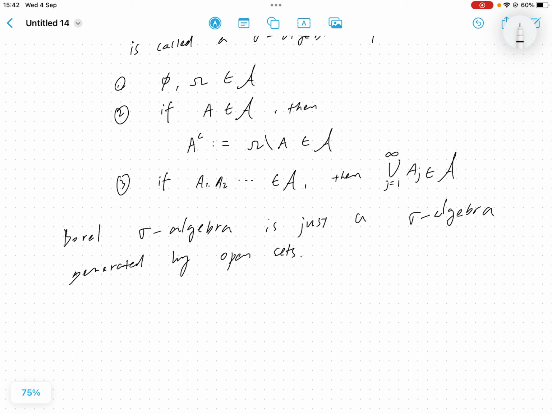The reason that we cannot directly use the power set P is that the power set of some set cannot fulfill some properties that we need for the measures, right?